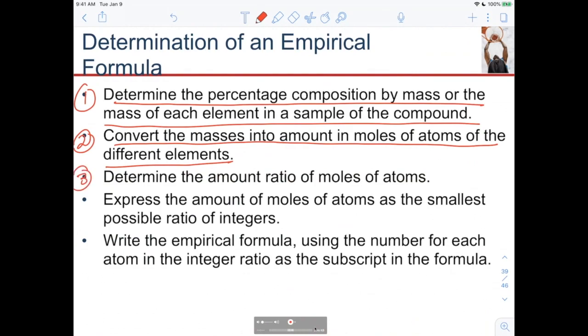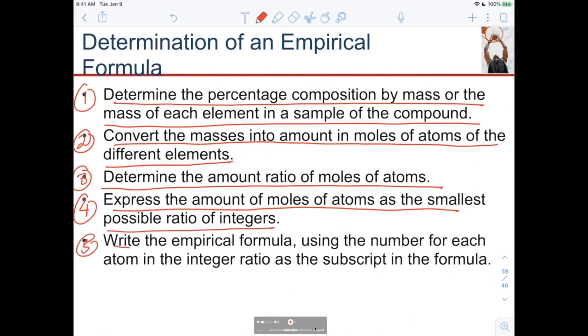Step 3, determine the amount of ratio of moles of atoms. Step 4, express the amount of moles of atoms as the smallest possible ratio of integers. Step 5, write the empirical formula using the number of each atom in the integer ratio as the subscript in the formula. Okay, so we're going to go through step by step. I rushed through that because we're going to be doing step by step as I go through the steps.